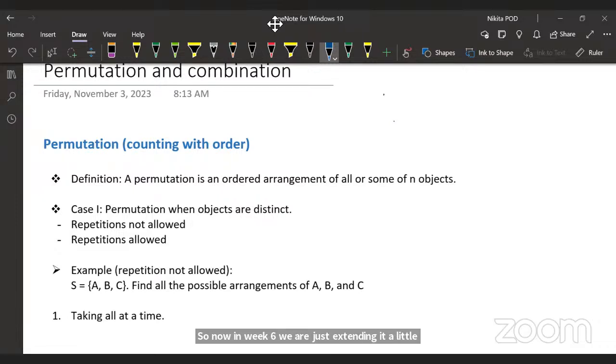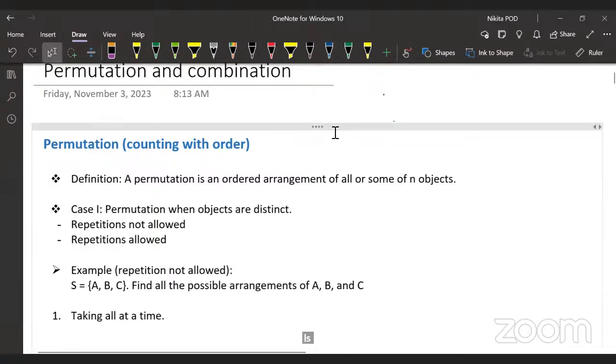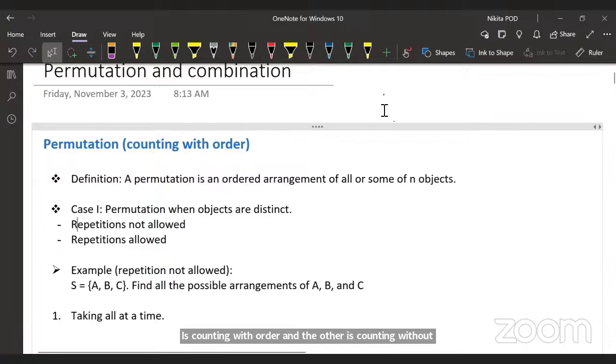There are two methods of counting. One is counting with order, and the other is counting without order. Counting with order means order matters, and counting without order means order does not matter.